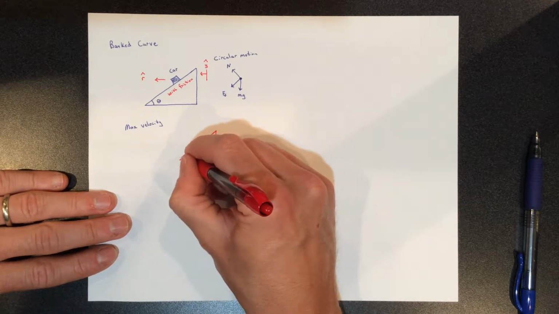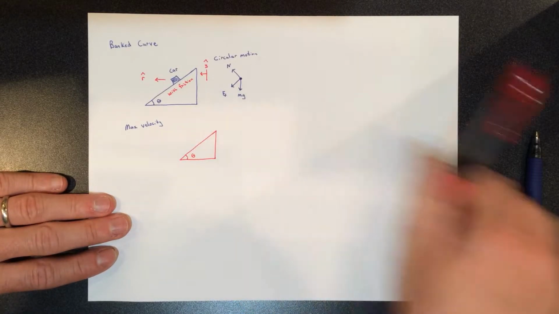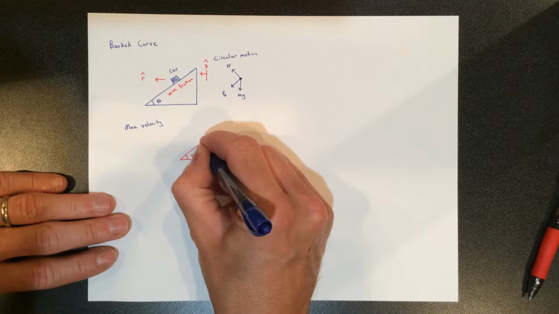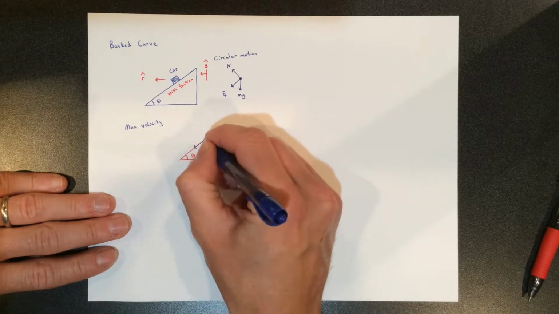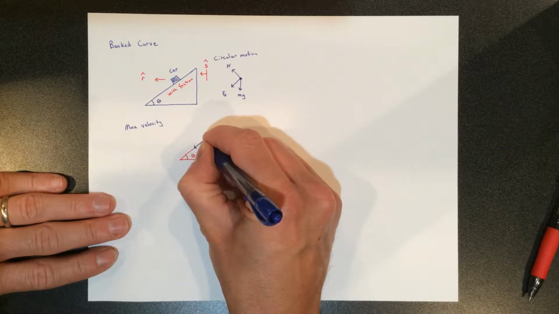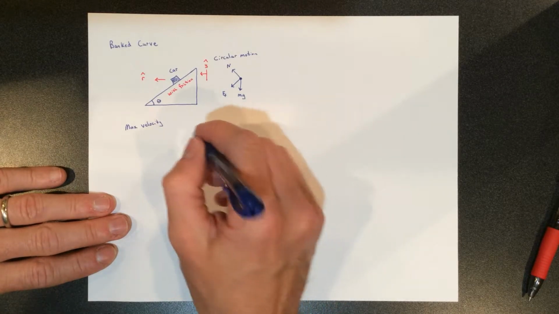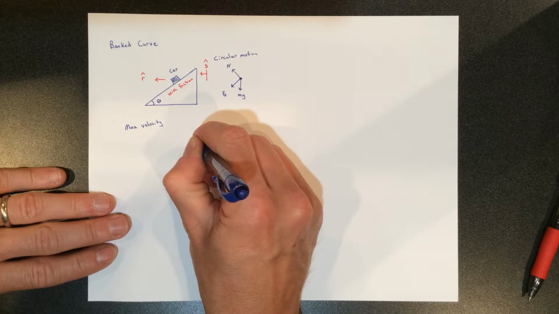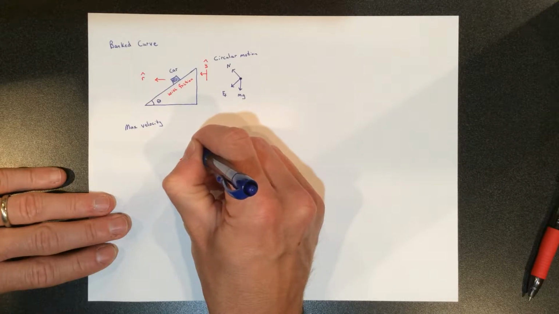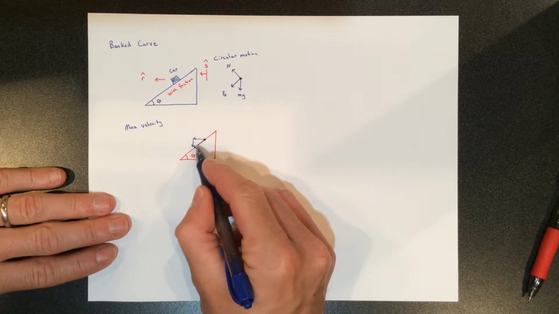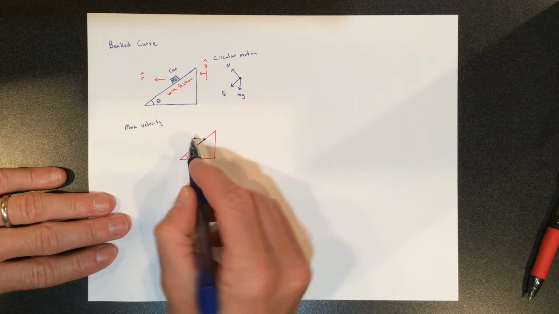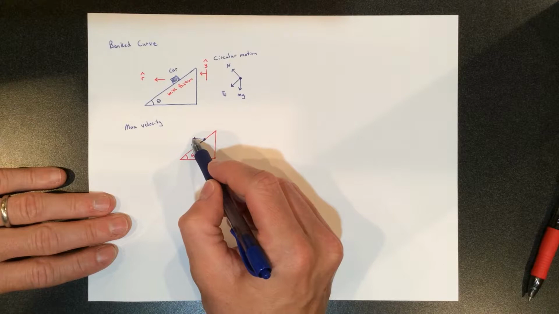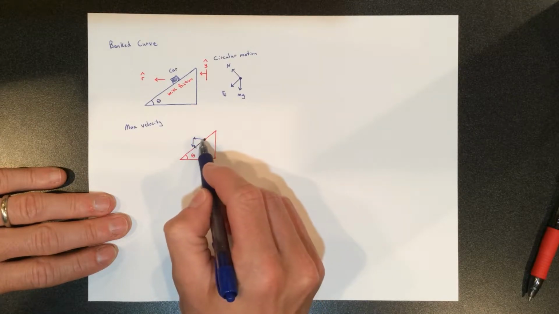Okay, so here's the ramp, there's theta, and I'm just going to look at the force of friction. The force of friction is down that way, and we need to break it down. Friction is in and down. Down the ramp is really inward and down. Friction is going to hold us onto the ramp this way and push us inward that way.